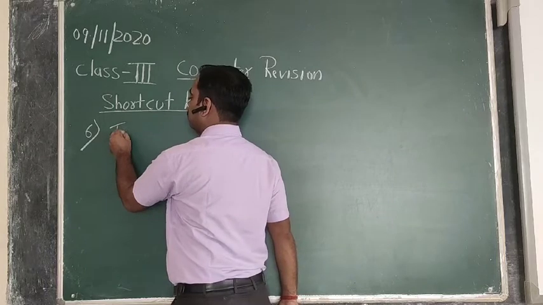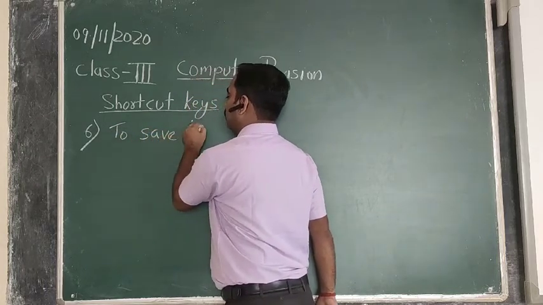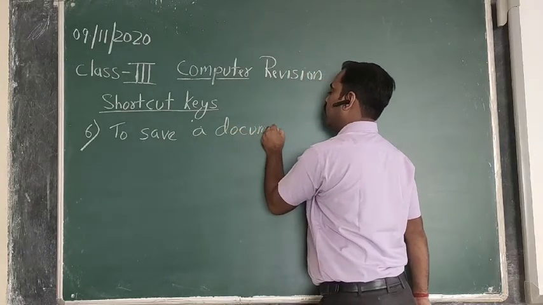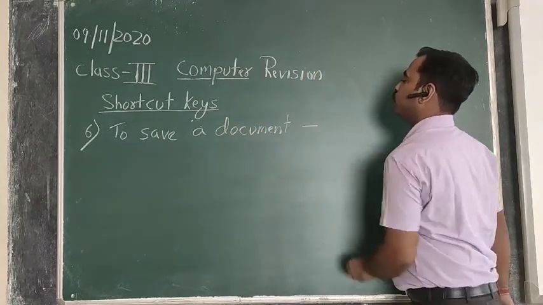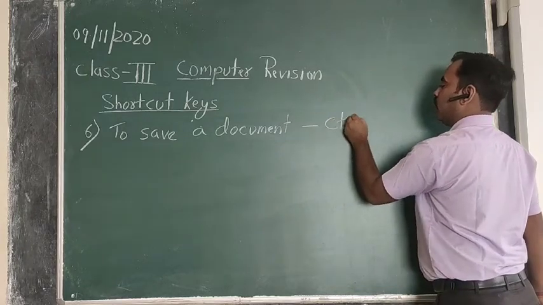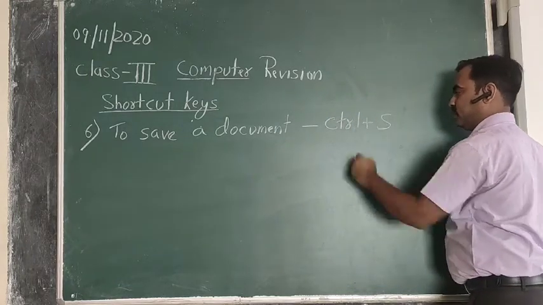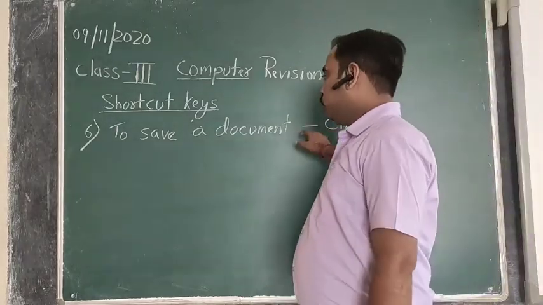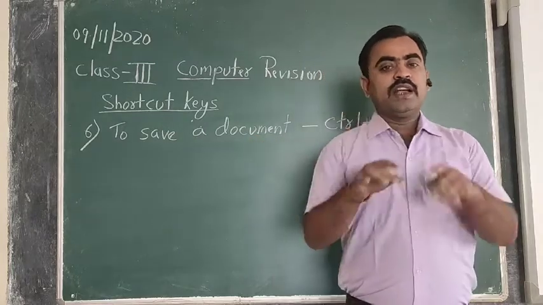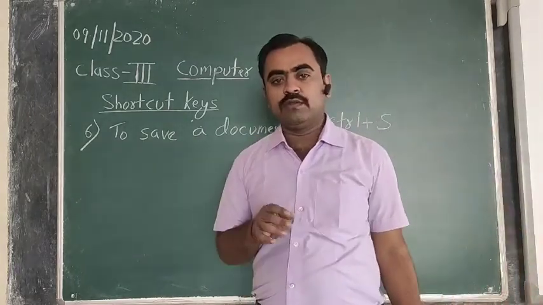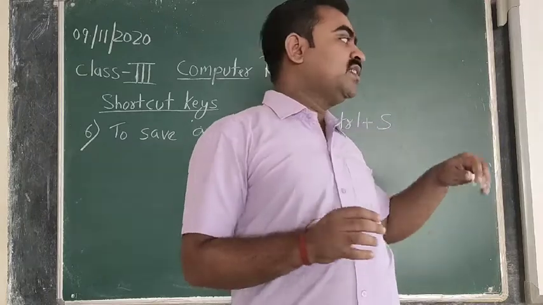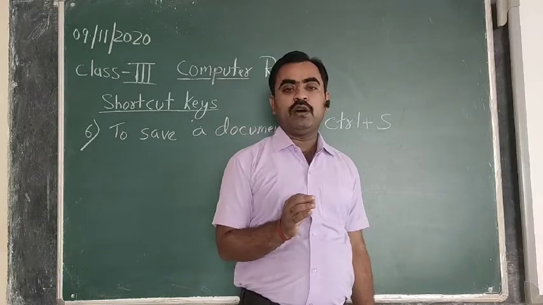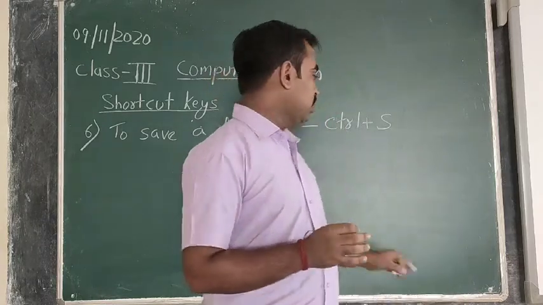So in order to save a document, you have to use the shortcut key Control plus S. As soon as you press Control plus S, it will open a save as dialog box if you are saving the file for the first time on your computer.